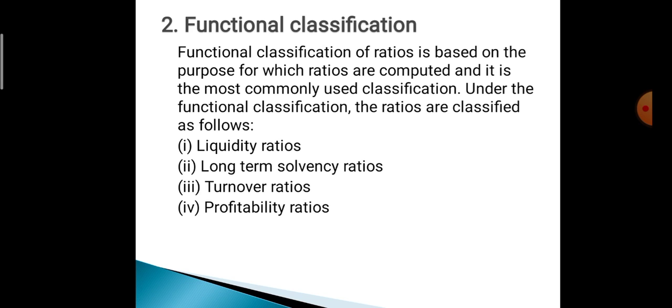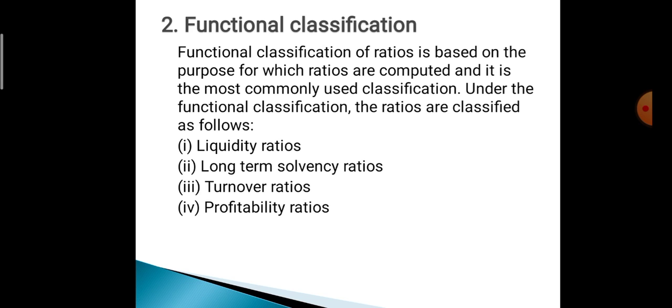Profitability ratios indicate the profitability of the business, for example gross profit ratio, return on capital employed, etc. Earnings ratios indicate the return to the owners or shareholders of the business. Earnings per share and dividend payout ratio are examples of earnings ratios. So this is the most widely accepted functional classification of ratios.